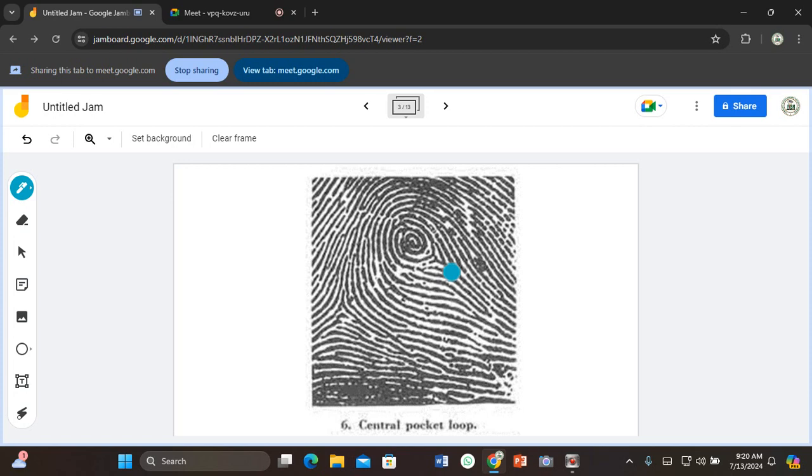In the central pocket loop, one or more of the simple recurves of the plain loop type usually recurve a second time to form a pocket within the loop. You see, look at it. This one recurves to this place, and another one, and it curves again. That is what we call pocket.